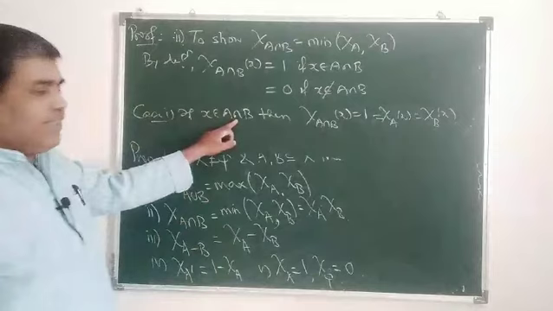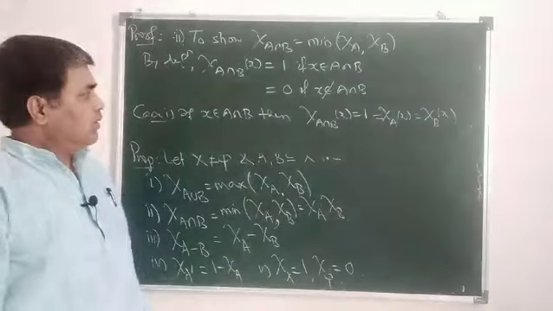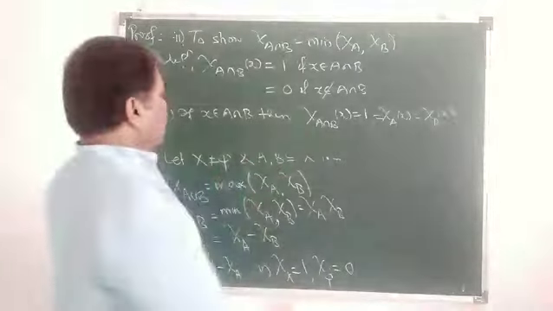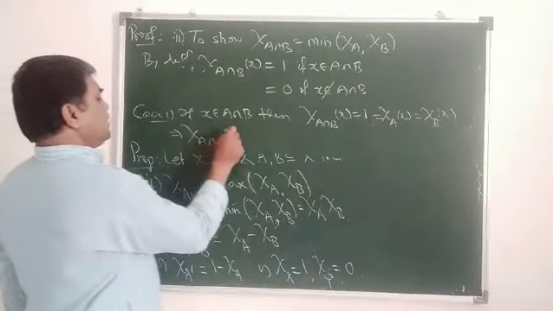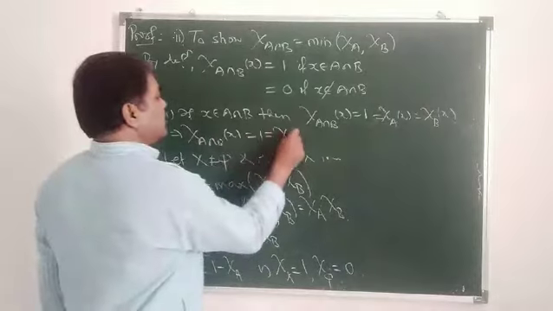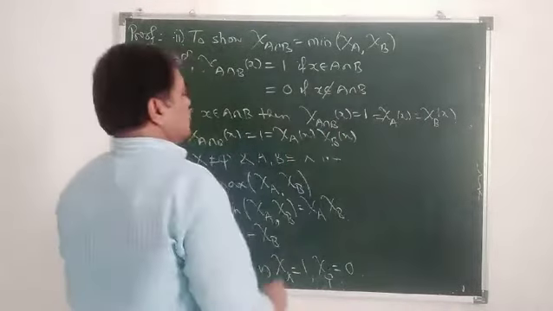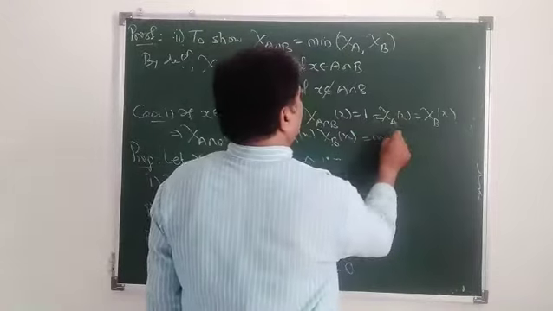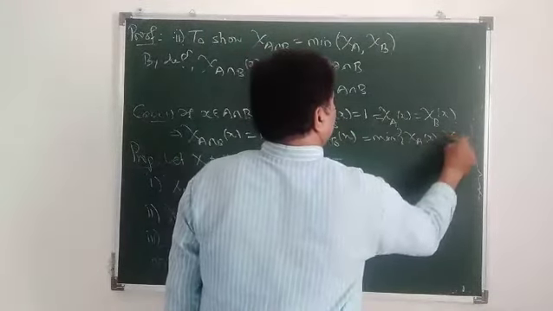As x lies in A intersection B, x belongs to A and x belongs to B also. From this, psi A intersection B of x is equal to 1, which is equal to psi A of x into psi B of x, which is equal to minimum of psi A of x, psi B of x.